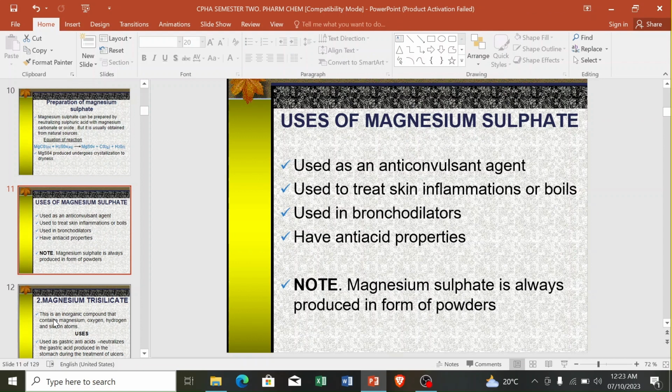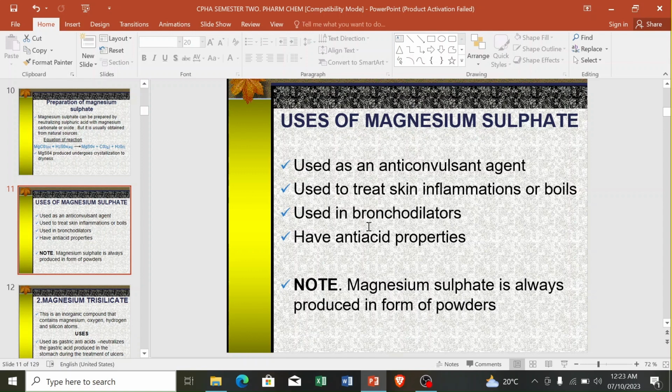Magnesium sulfate is used as an anticonvulsant agent and to treat skin inflammations or boils. It is also used as a bronchodilator. Bronchodilators are majorly given for conditions that bring about bronchoconstriction.